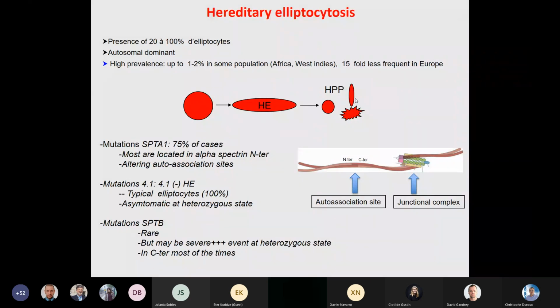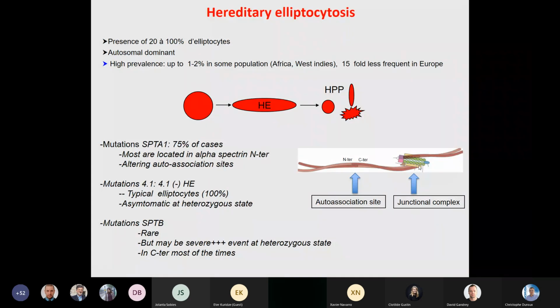As I said earlier, these elliptocytoses are related to defects in the horizontal interactions within the red blood cell membrane, and the horizontal interactions involve 3 main proteins, of course spectrin alpha and spectrin beta. So spectrin alpha and beta tetramerize at the self-association site. Then you have the tetramers of spectrin that are linked one to another at the junctional complex and stabilized by protein 4.1.